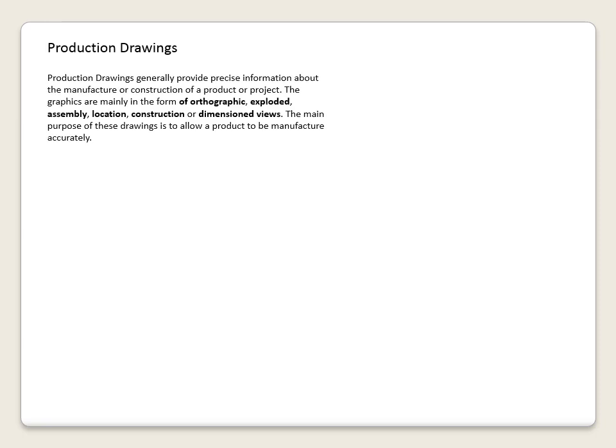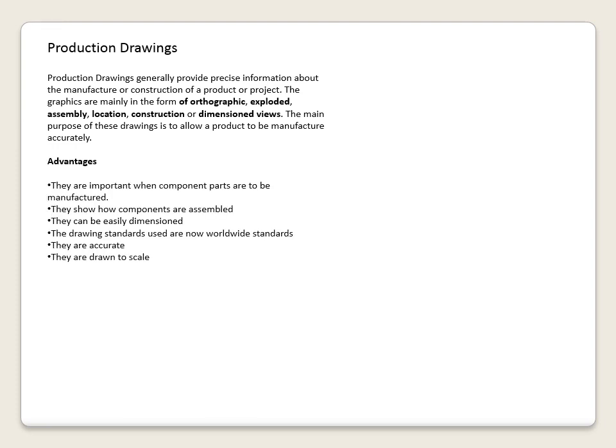Production drawings generally provide precise information about the manufacture or construction of a product or project. The graphics are mainly in the form of orthographic, exploded, assembly, location, construction, or dimensioned views. The main purpose of these drawings is to allow a product to be manufactured accurately.